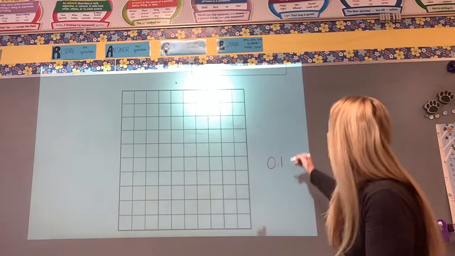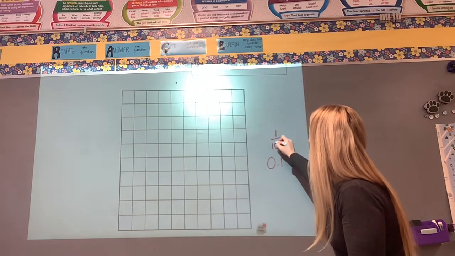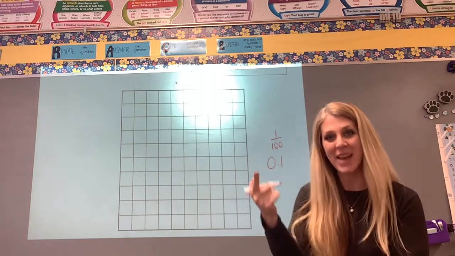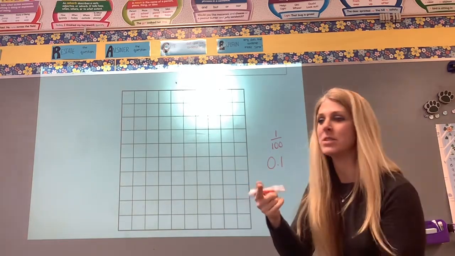But what about pennies? How many pennies does it take to make $1? Hopefully you said 100. So now we can have a way to write 1/100th of a dollar, a fraction, as a decimal. So we could say that a penny is equal to 1/100th, right? Because it takes 100 pennies to make our whole, our $1.